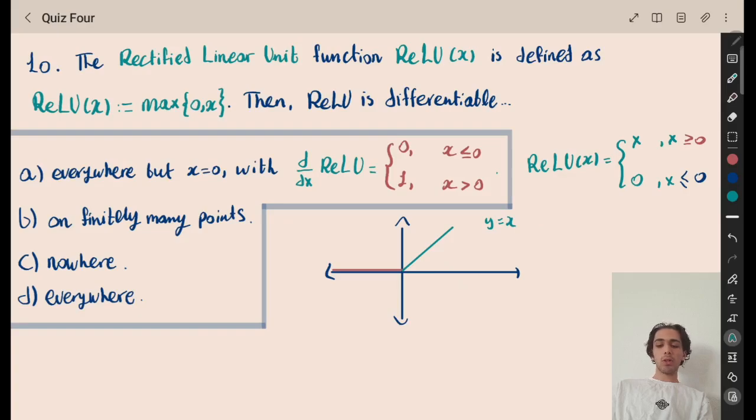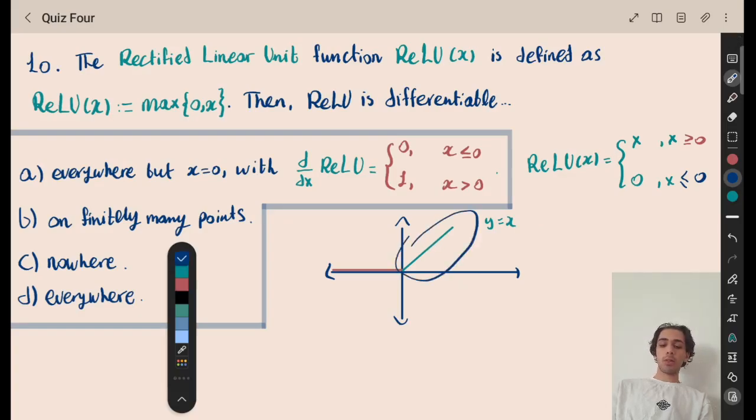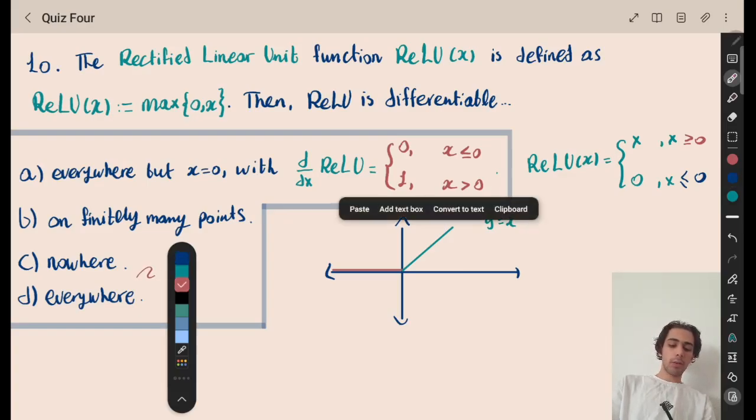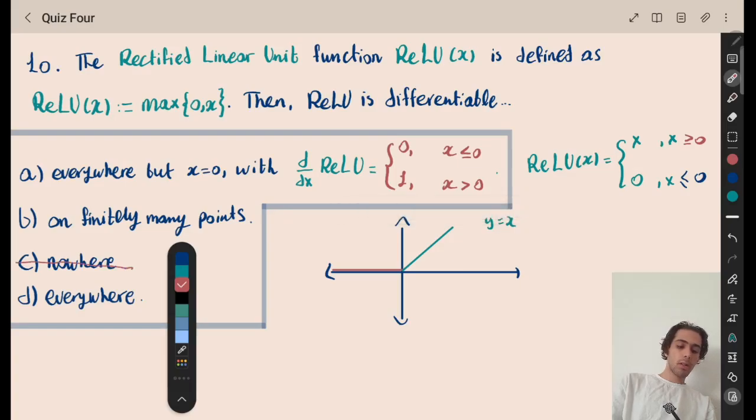Now, where is this function not differentiable? Is it differentiable nowhere? Well, that's not true, because at least for this part, it's literally a line, and it has a slope. So at this point, it's differentiable, it has slope of 1, that point as well, and so on and so forth. So it's definitely not nowhere.